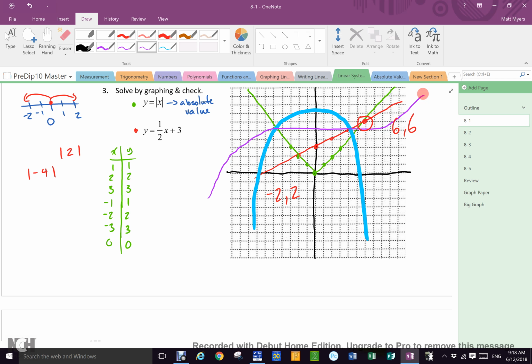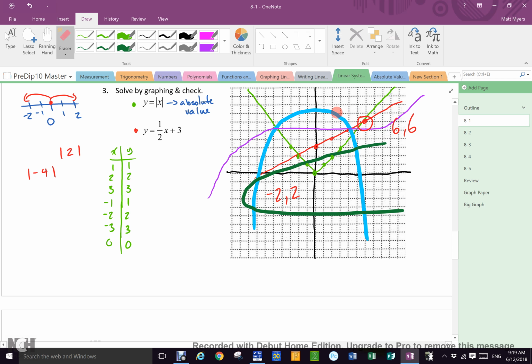How many solutions for purple and red? 1. Good. What if I gave you this? Green and blue. Dark green and blue. 4.